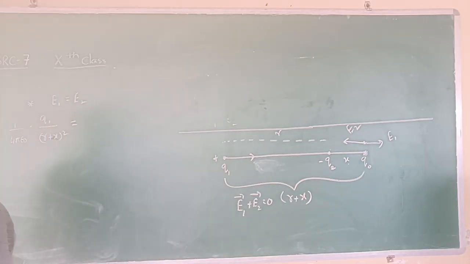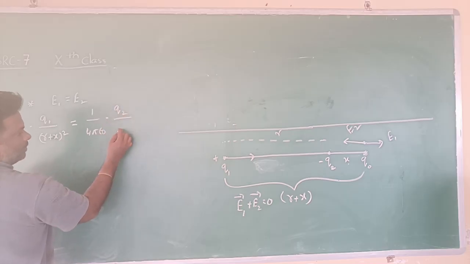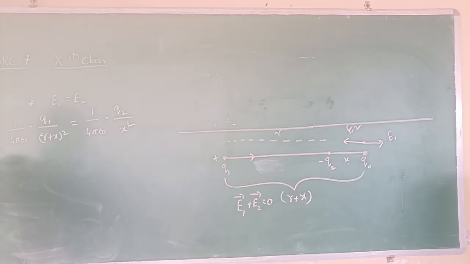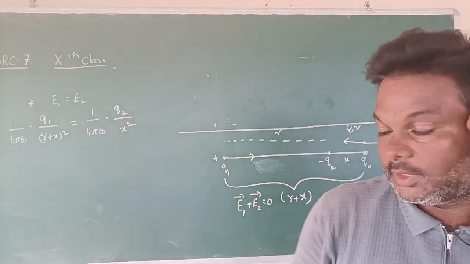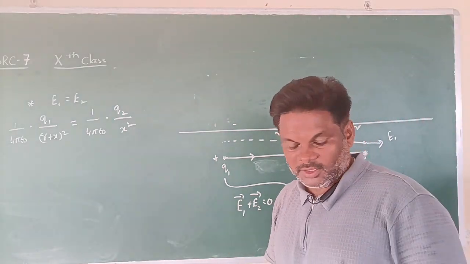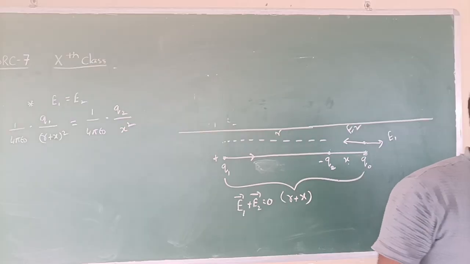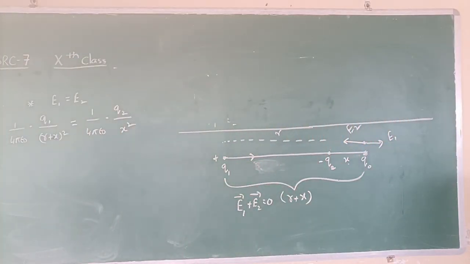So that is why we are writing the formula as 1 by 4 pi epsilon naught, Q2 by, what is the distance? x square. Now just proceed with this and you will get a formula for the null point. You need to derive it. In today's class we came to two important points and two derivations. One derivation I explained, the second derivation you are going to do.